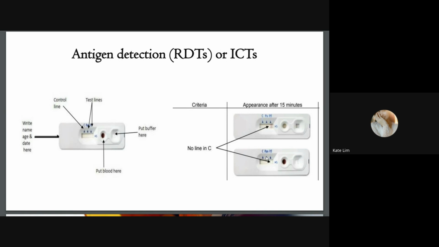So if there's a line that points to PAN and there's also a line in C, that would mean that the test is valid and it points to Plasmodium vivax infection, Plasmodium malariae infection, and Plasmodium ovale infection.